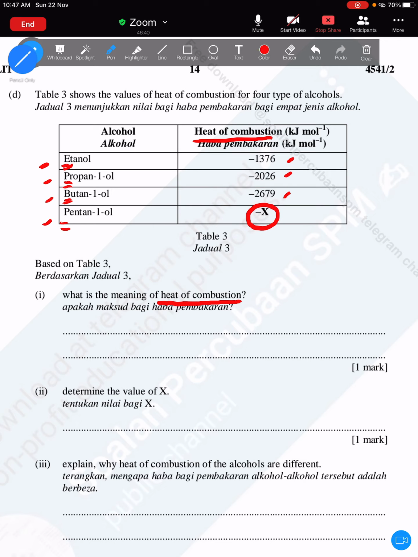In this case, you can see they are using alcohol. We can use the word alcohol over here.